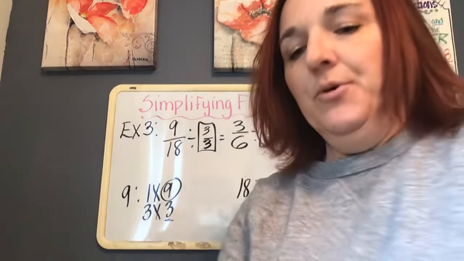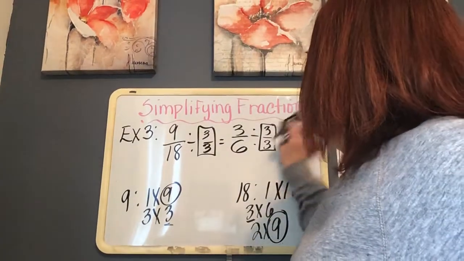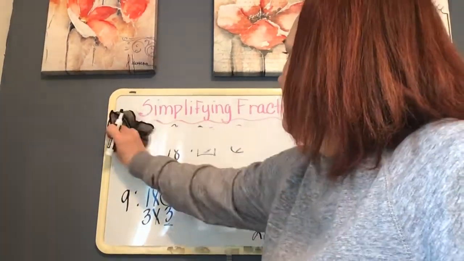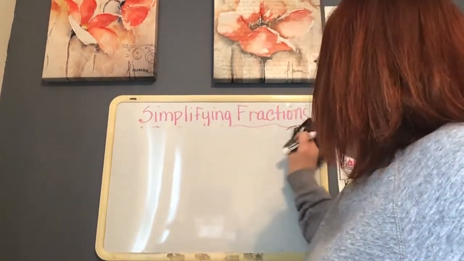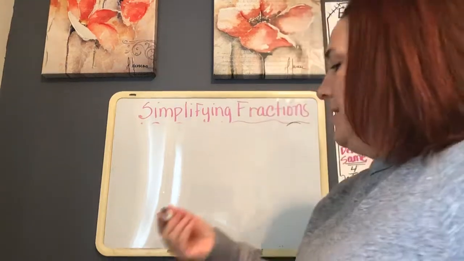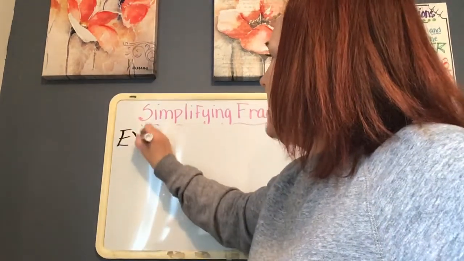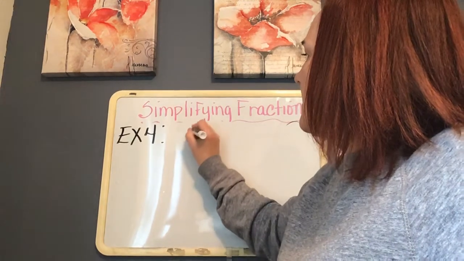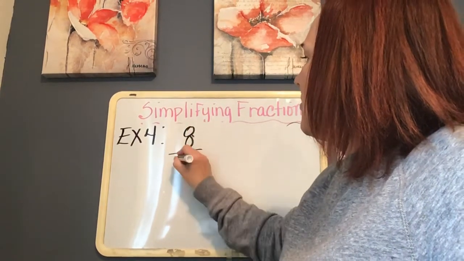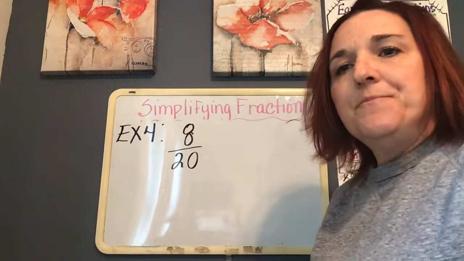One more example. And this example is not in your notes, so let's go with 8 over 20, okay?